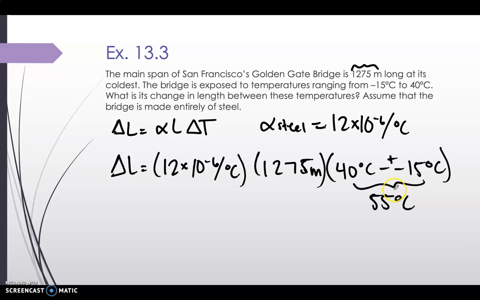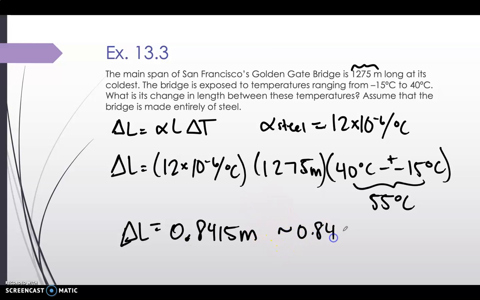Okay? All right, and once you put this into your calculator, you get your change in length is 0.8415 meters, or about 0.842 meters. Okay, so this is your change in length.